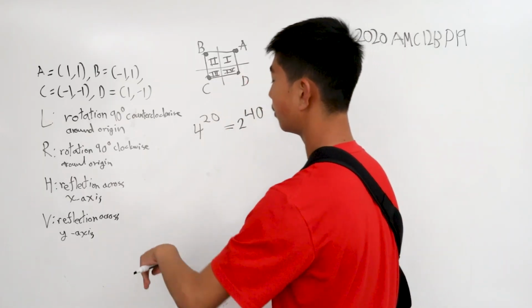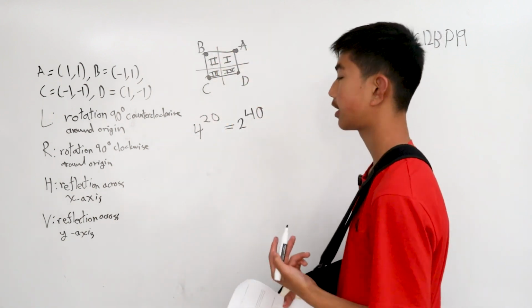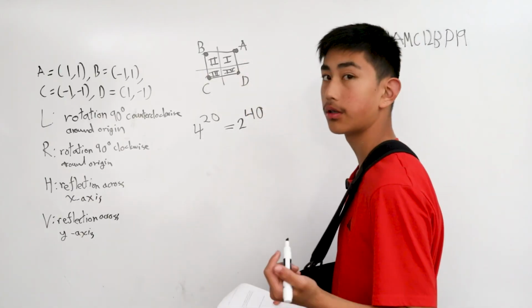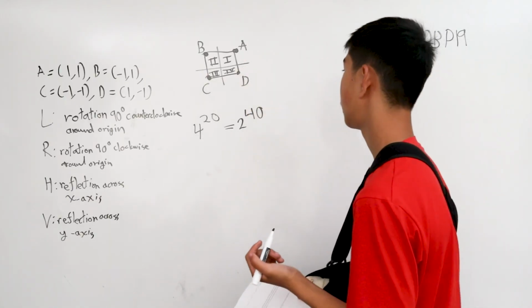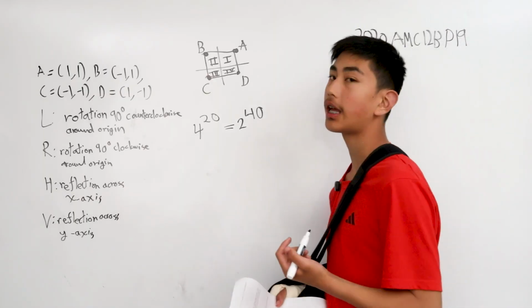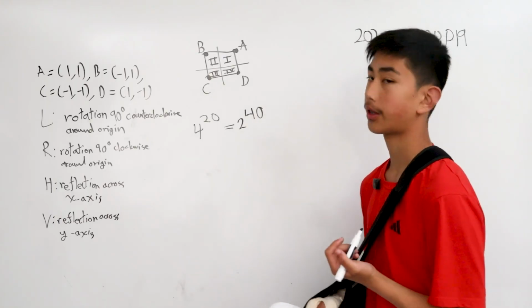Same thing when you reflect the square across the axes. Say point A, it always goes to an even quadrant at first. Then if you apply the next transformation, it goes to an odd one, and so forth.